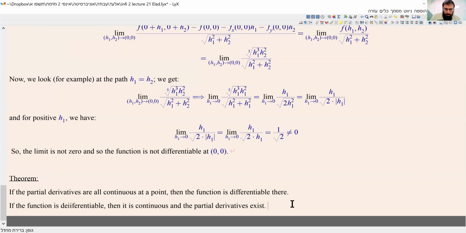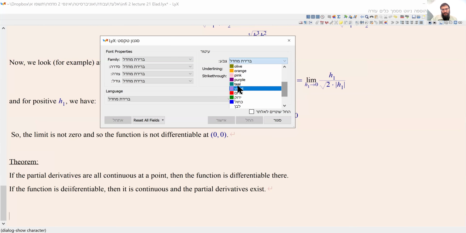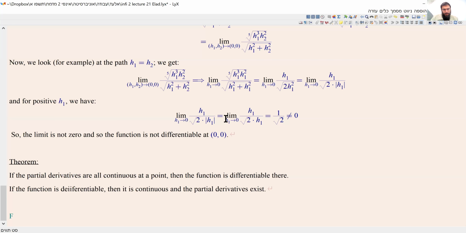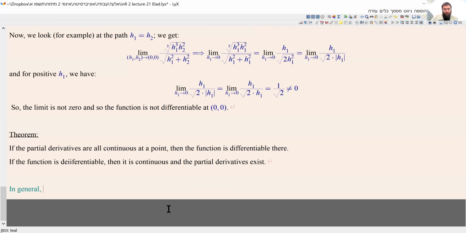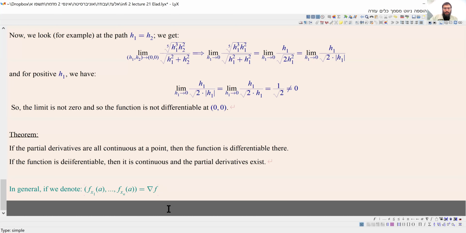The last thing I wanted to talk about, let's write it over here. Generally, if we denote the vector of all partial derivatives, we will discuss the vector later on, with the following nice notation.